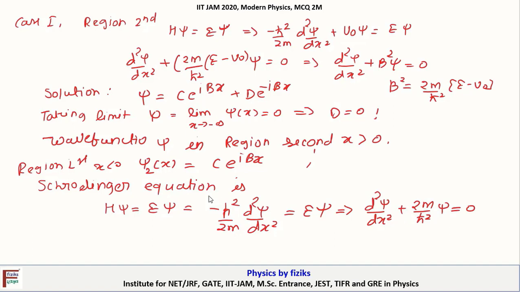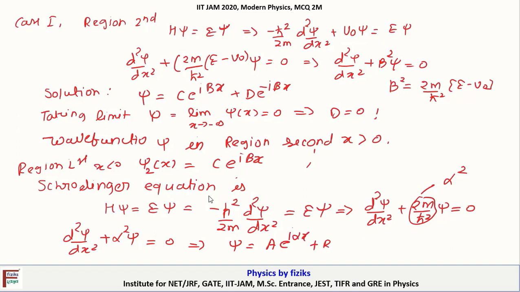Now we are assuming this term as alpha square. So del square psi by del x square plus alpha square psi equals 0. Its solution would be psi equals A e to the power i alpha x plus B e to the power minus i alpha x, where alpha square is 2mE by h cross square.